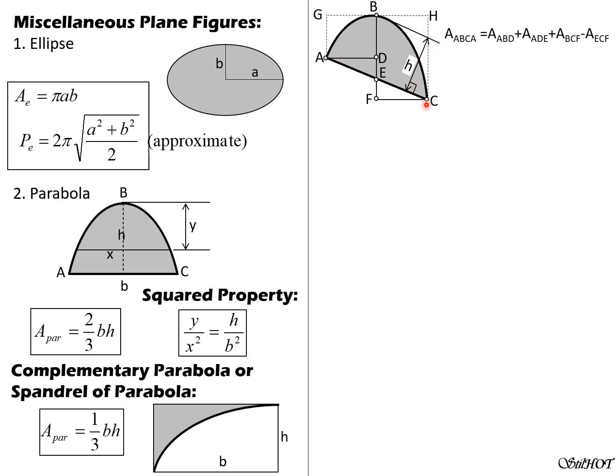So 2/3 of AC times H, that's the direct way if we can find H. If not, apply my suggestion by integration or by area of trapezoid minus area of this spandrel minus area of that spandrel of parabola. So this is my suggestion: area of trapezoid minus area of spandrel AGB minus area of spandrel BHC.